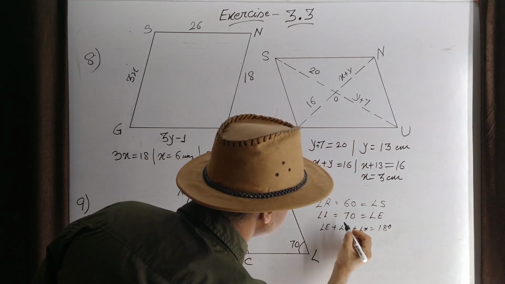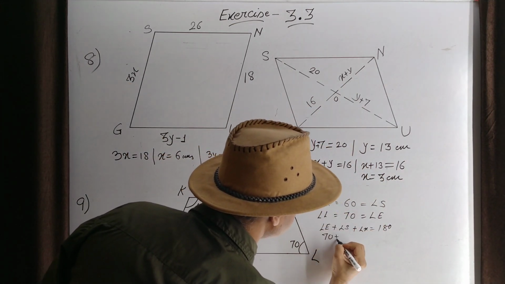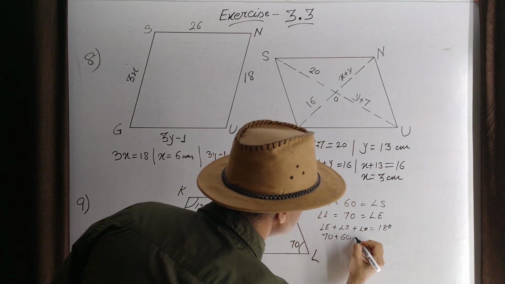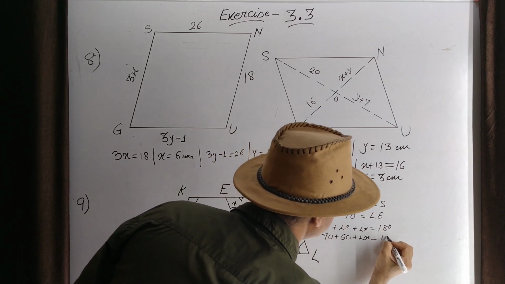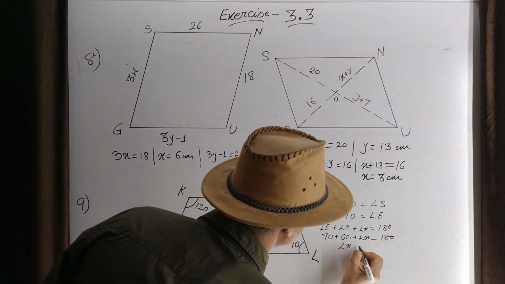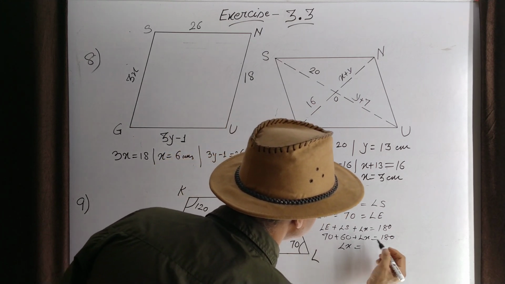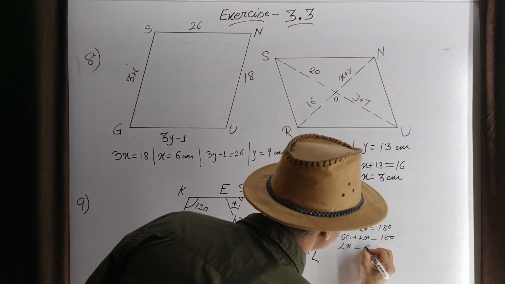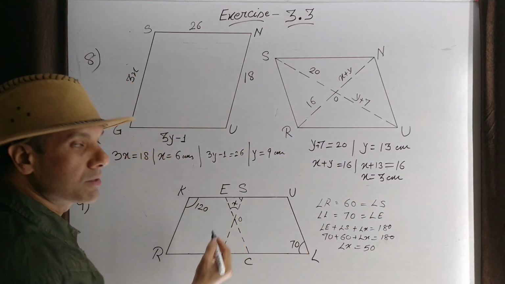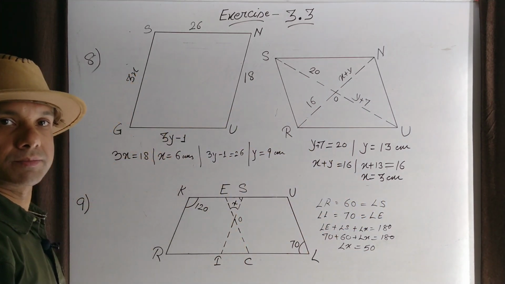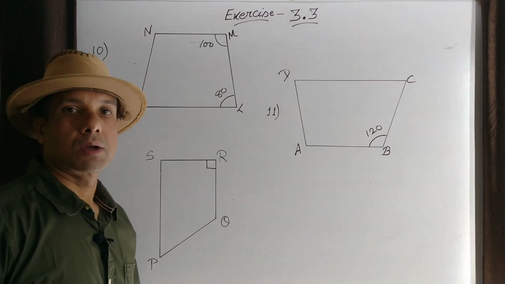Angle E is 70 degrees, angle S is 60 degrees. So 60 plus 70 is 130, and 180 minus 130 is 50. So angle x will be equal to 50 degrees. Clear?